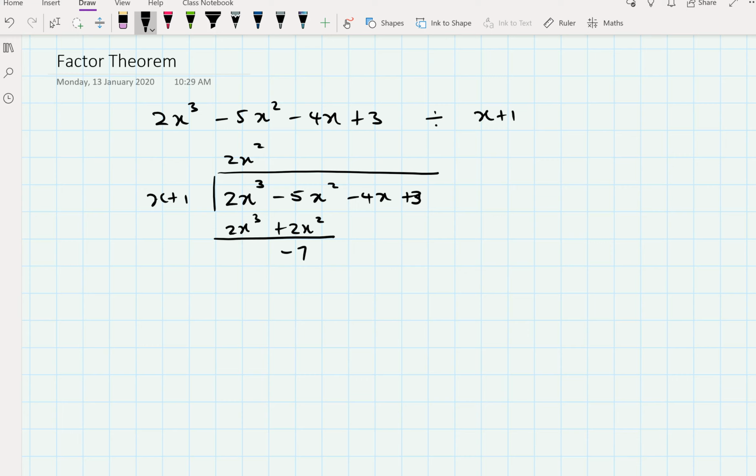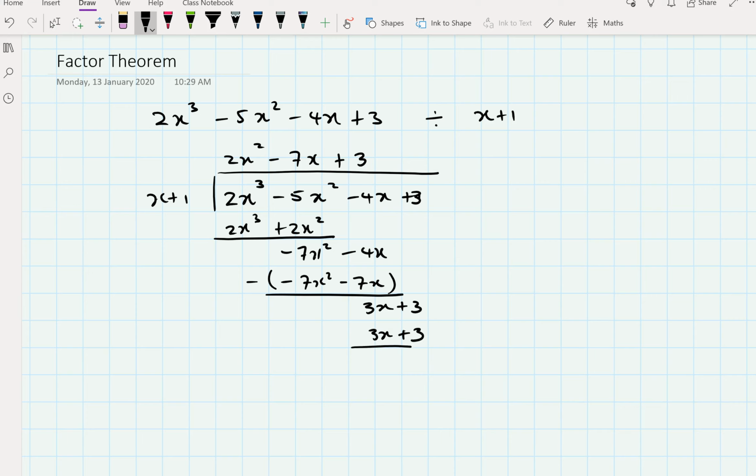Take that away, it's going to be minus 7x squared minus 4x. So that's going to be minus 7x, minus 7x squared minus 7x. And I'm going to take that away, so I'm going to be left with 3x plus 3. And I'm going to put a plus 3 over there. There's going to be 3x plus 3. And, oh wait, hang on, there's no remainder.